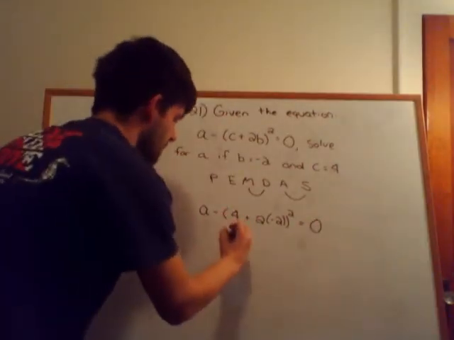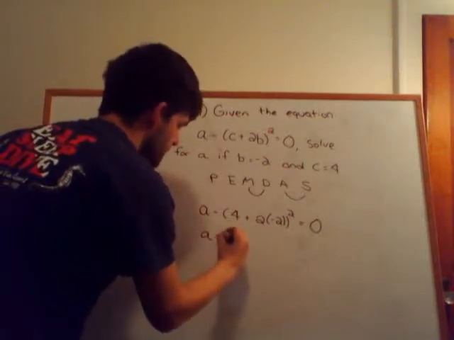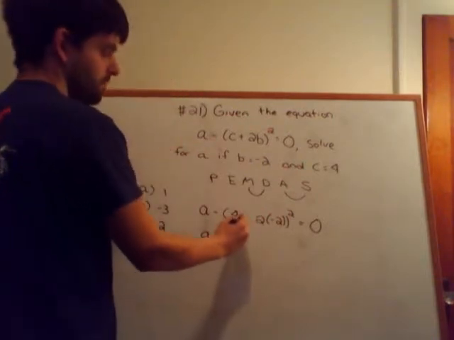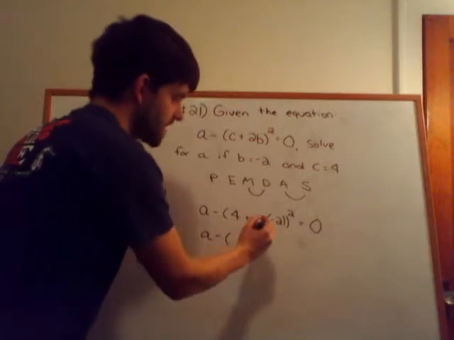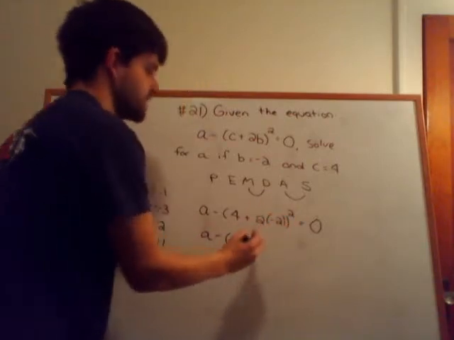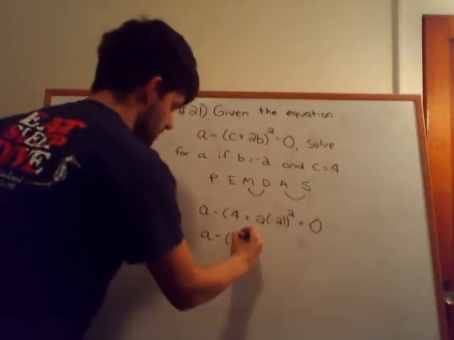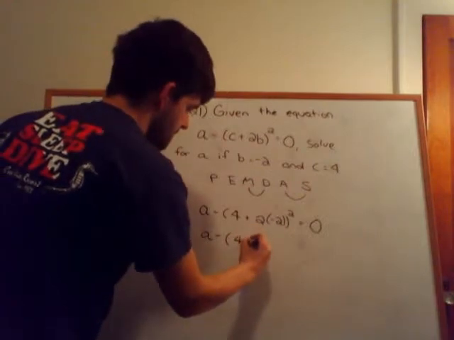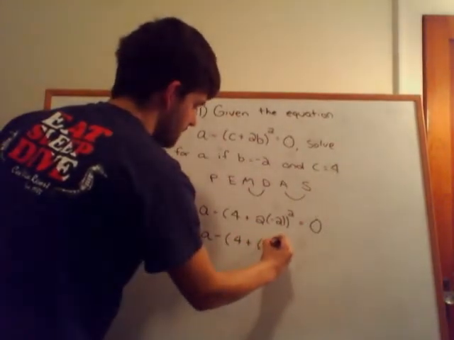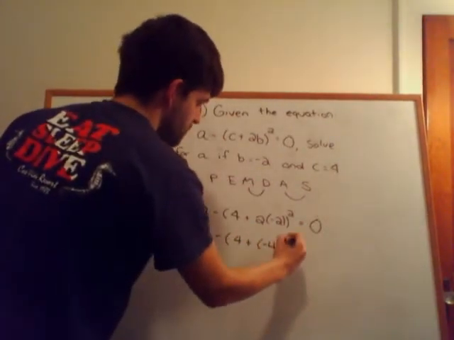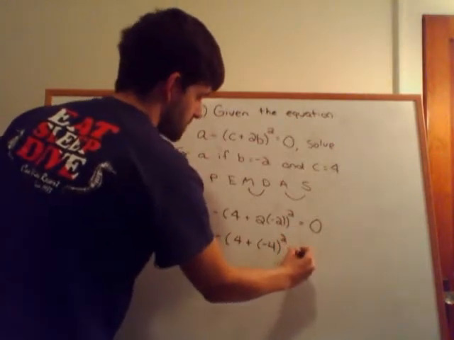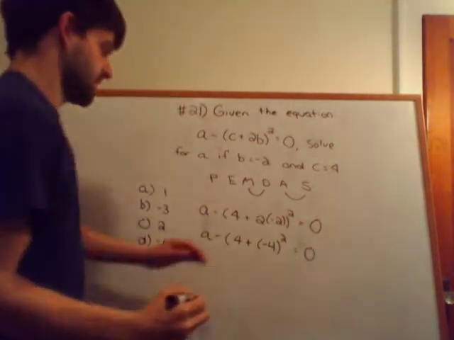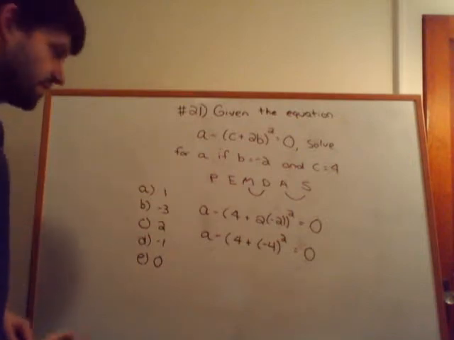So we have A minus 4 plus 2 times a -2 is -4. So 4 plus a -4 squared equals 0.